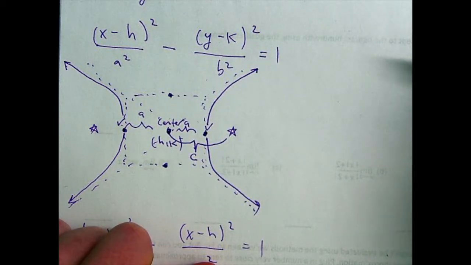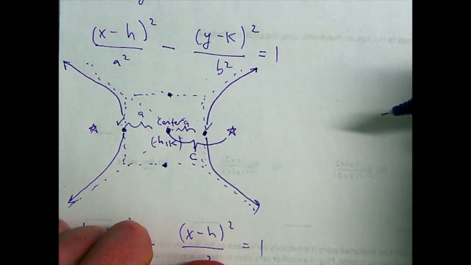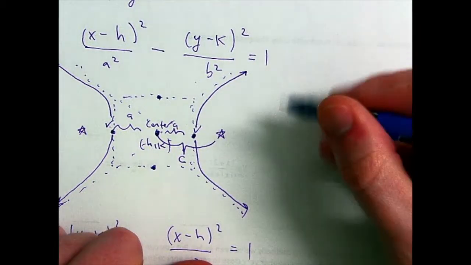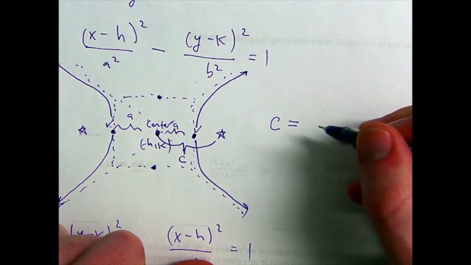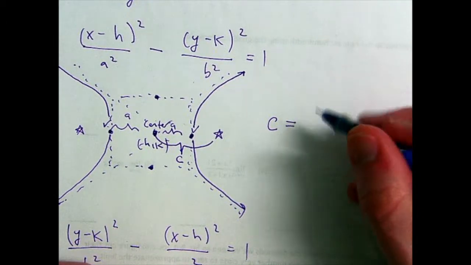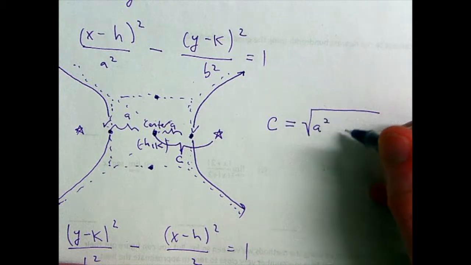And once again, c is not a number which appears in the actual equation of the hyperbola. Rather, it is a number which is given by a formula. However, the formula for c when it comes to hyperbolas is different than it is for ellipses. For hyperbolas, it's c equals the square root of a squared plus b squared.